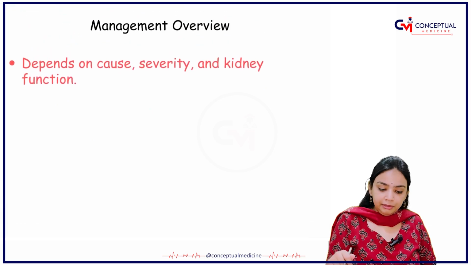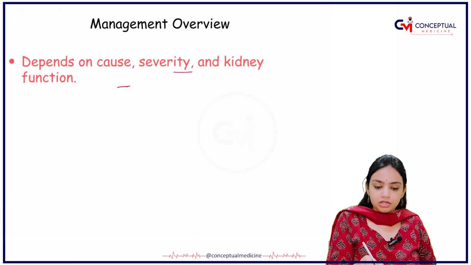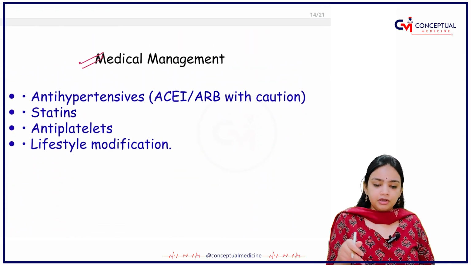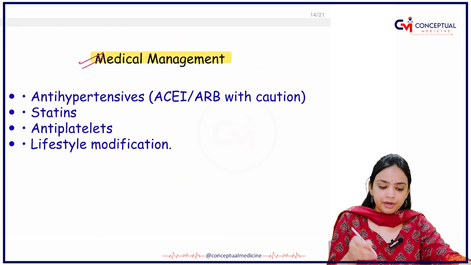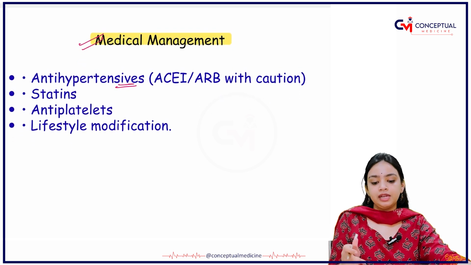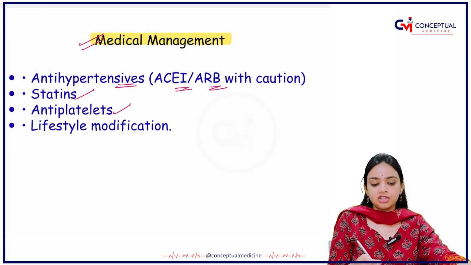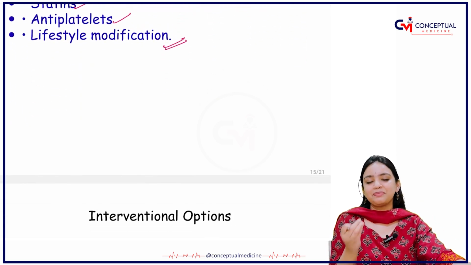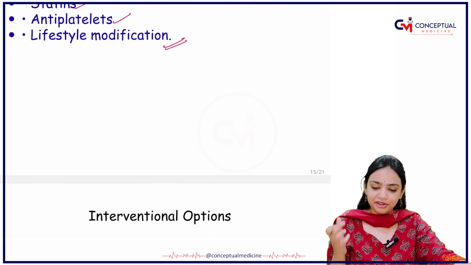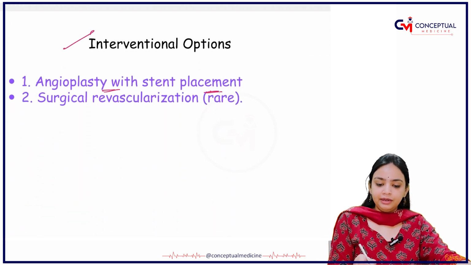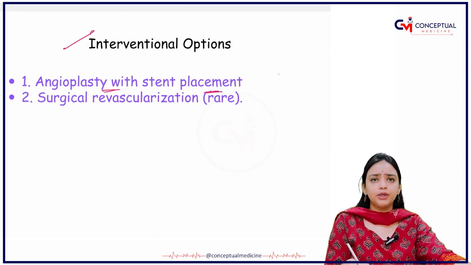What is the management? The management basically depends on the cause, severity, and the kidney function that we are dealing with. For the medical management, you will give antihypertensives like ACE inhibitors and ARBs, statins, antiplatelets, and you will ask the patient for lifestyle modification. Interventional options are angioplasty with stent placement. You can offer that to the patient as well.